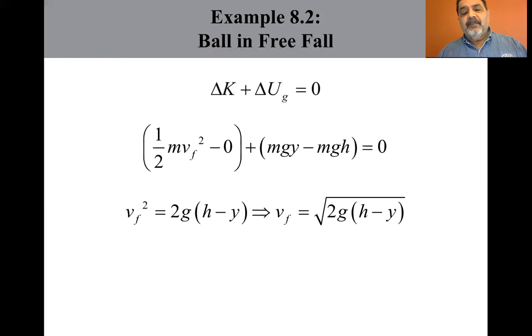We get mg times (y minus h). Now we divide both sides by 2m, and the m's cancel. So we end up with 2g times (h minus y), and then if we take the square root of both sides, we get v final equals the square root of 2g(h minus y).